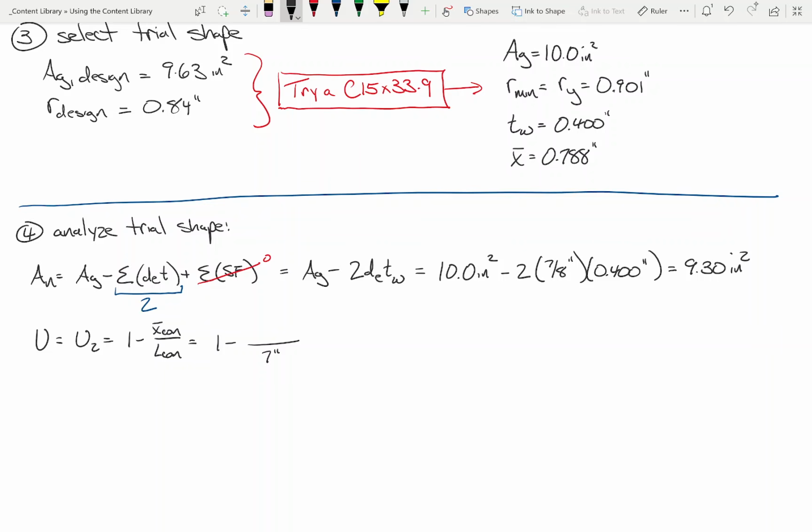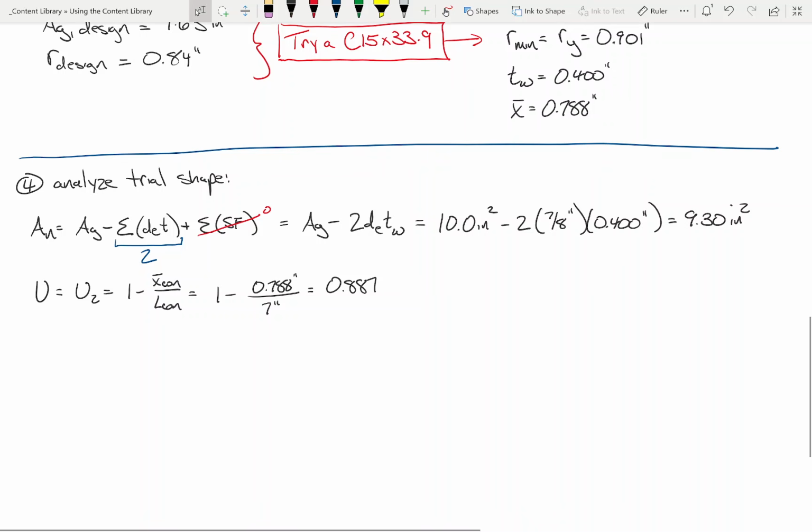What is my X bar, by the way? Okay. So what is that going to be? We'll say 3 decimal places. 0.887.